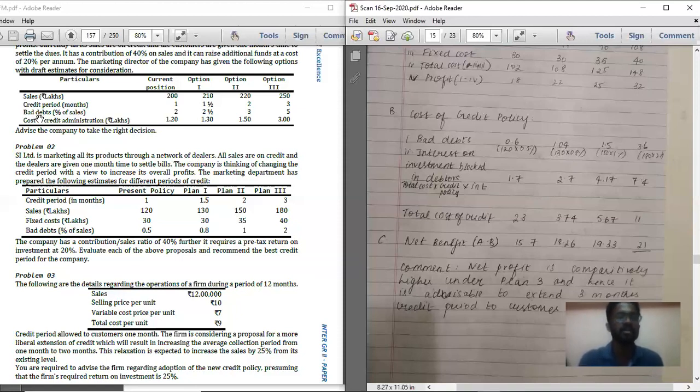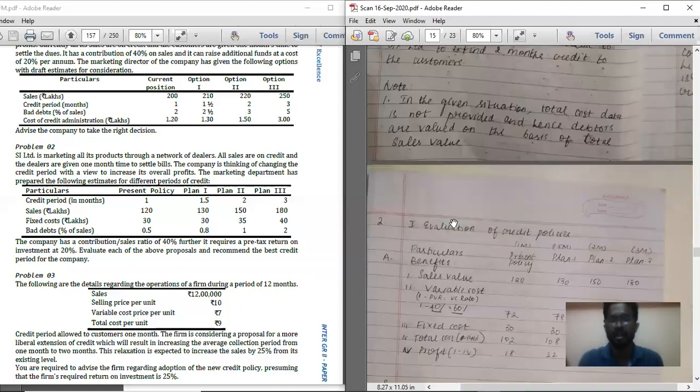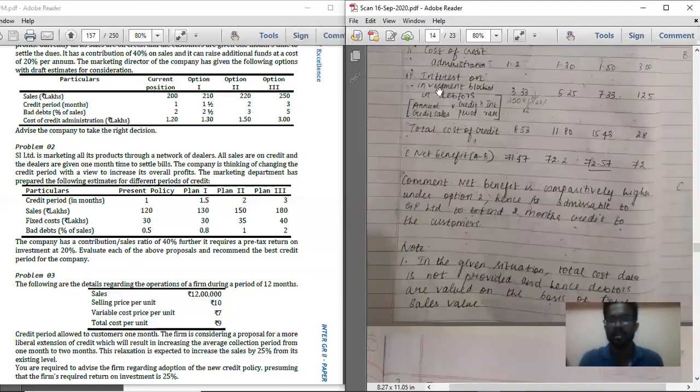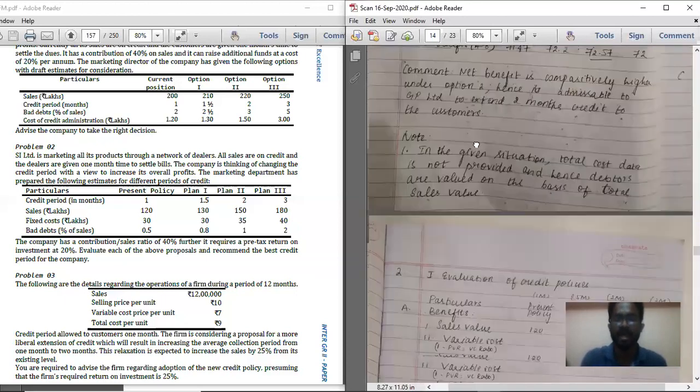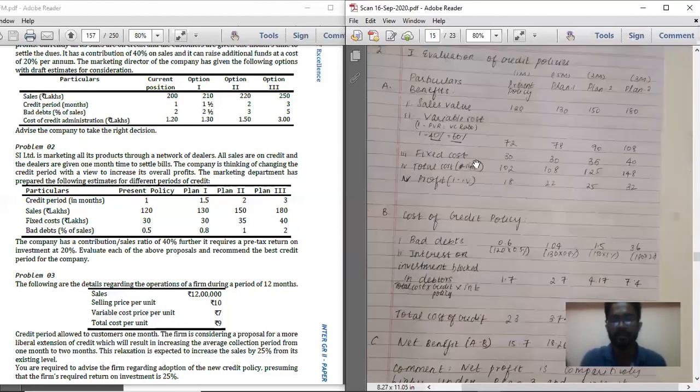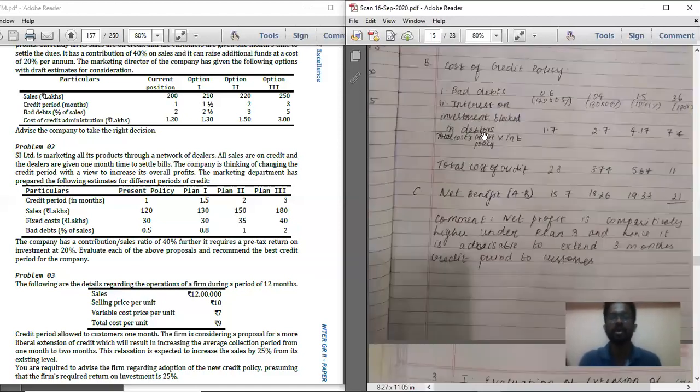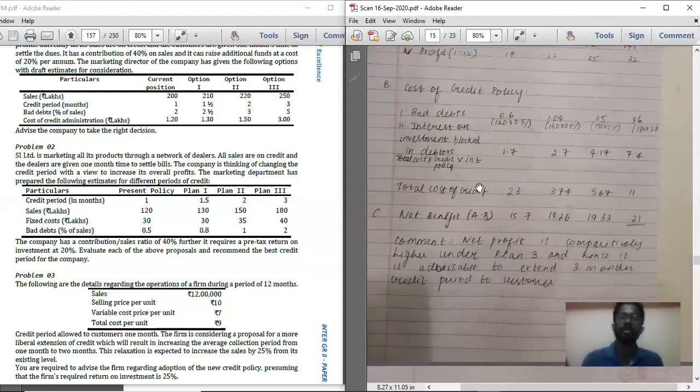If they had given fixed cost, we would have calculated this using total cost itself. Whereas in this sum they have given us fixed cost, so we know the total cost incurred for producing the products. So we should always calculate the interest on investment blocked in debtors using total cost.